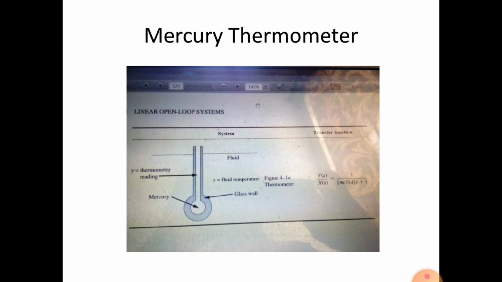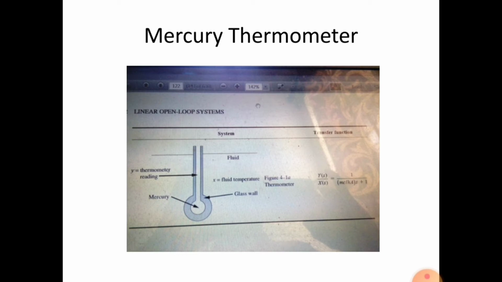At any instant of time t, the temperature given by the thermometer is called the output temperature, that is the response. The temperature applied to the thermometer is called the input temperature. If you want to note down the deviation of the output temperature and input temperature, the steady state temperature at input is x s, at output it is y s. The output response is given as y, the input is x.